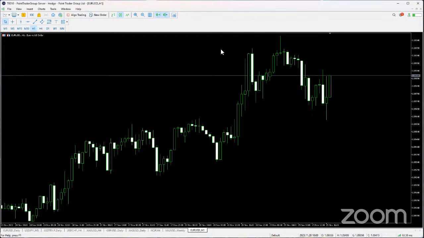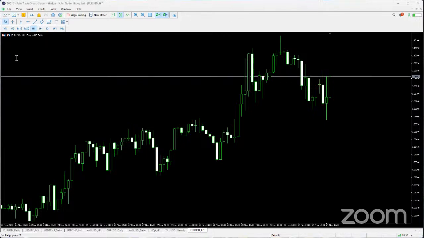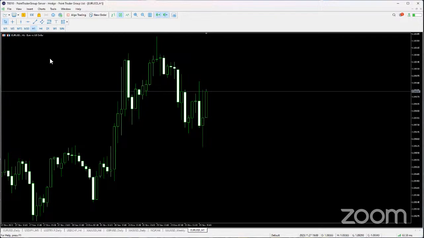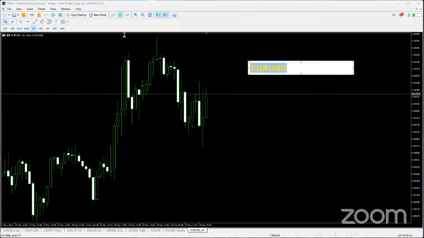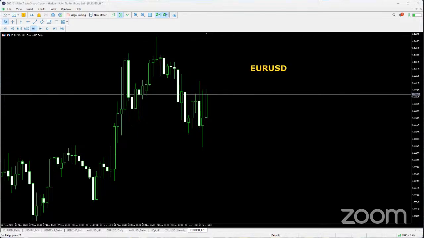So let's put it this way, just a minute. As you can see here, we have Euro USD. So we have two sides, let's say two opponents.